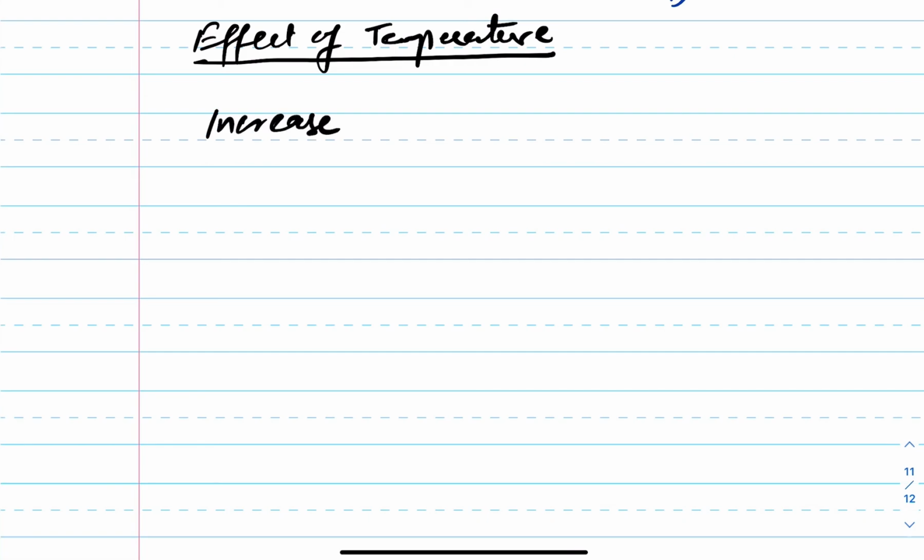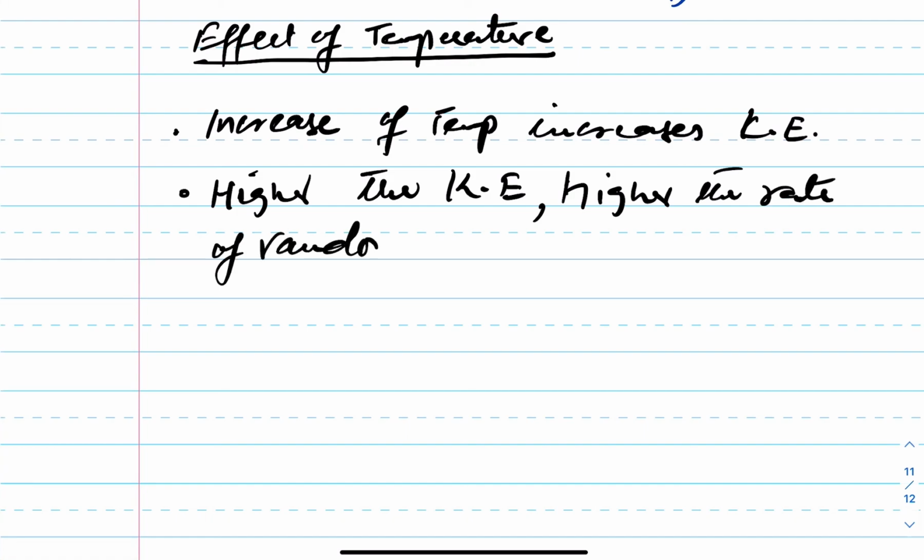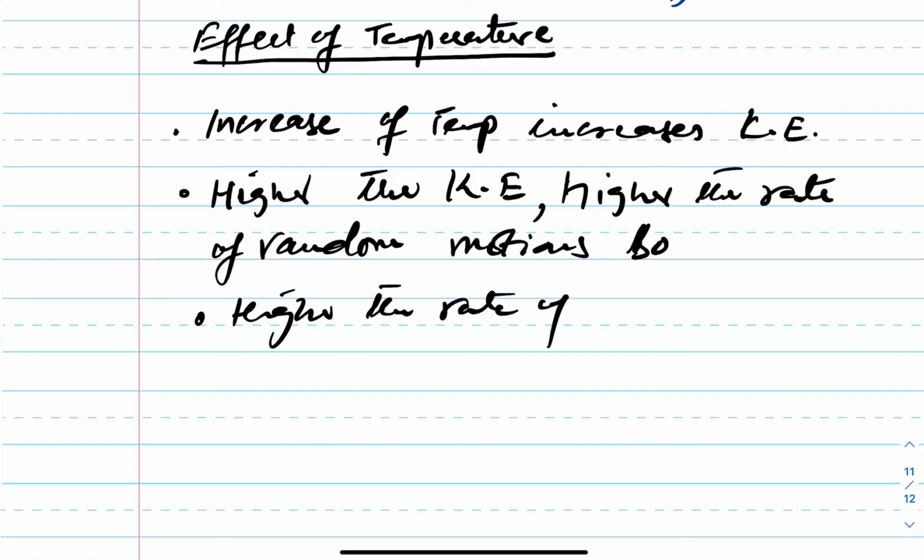I'll write: increase of temperature increases kinetic energy. Higher the kinetic energy, higher the rate of random motions, so higher the rate of diffusion.